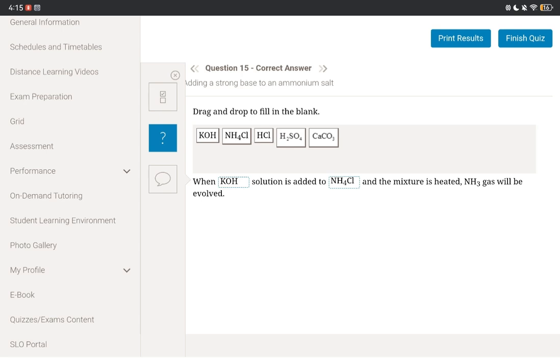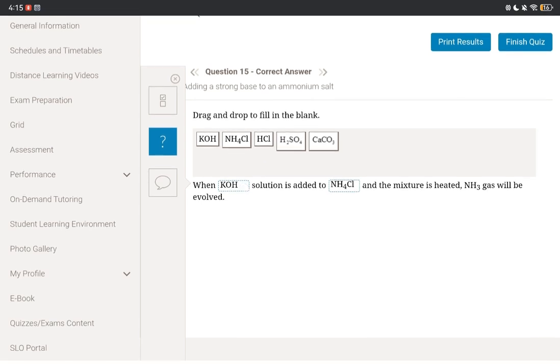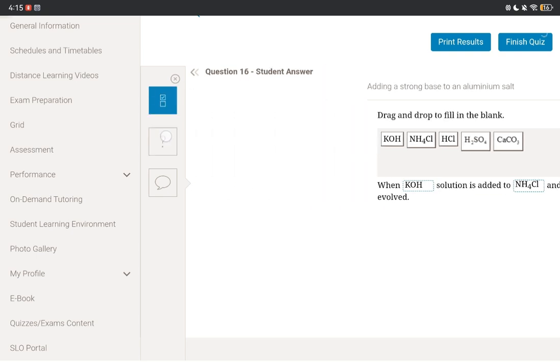And when an ammonium salt reacts with a base, it gives you NH3 gas plus a salt, which would be KCl, plus water.